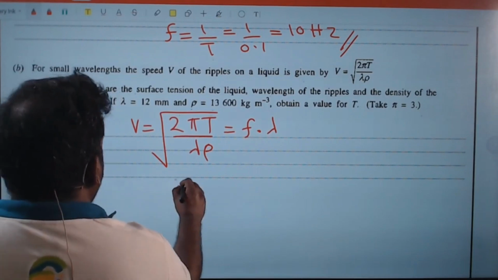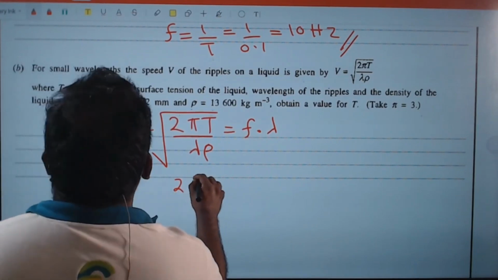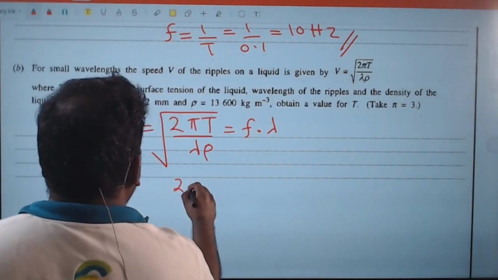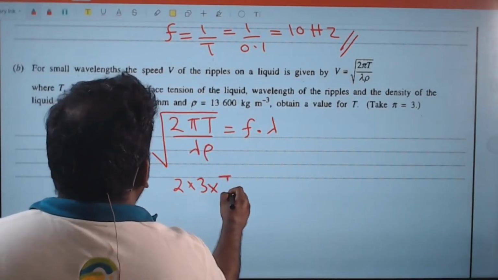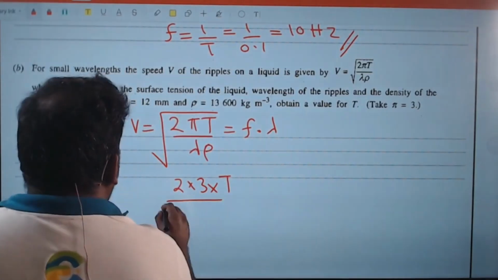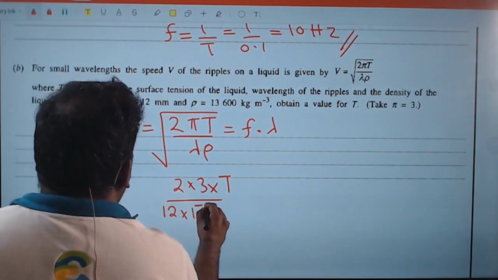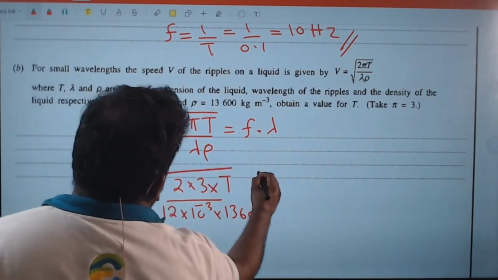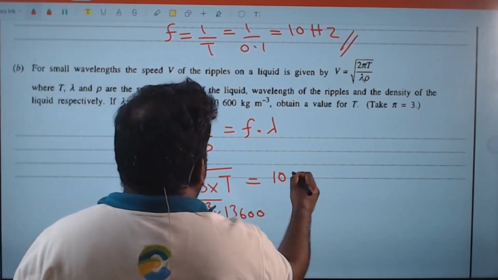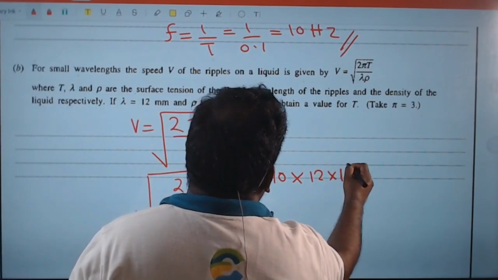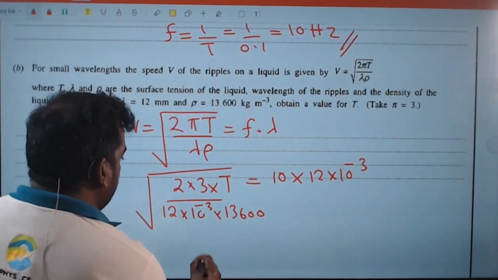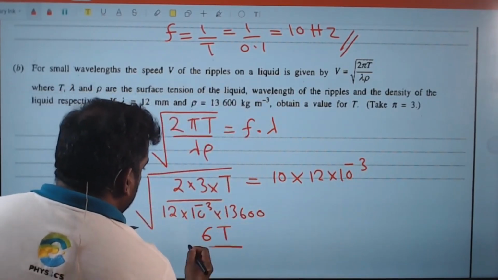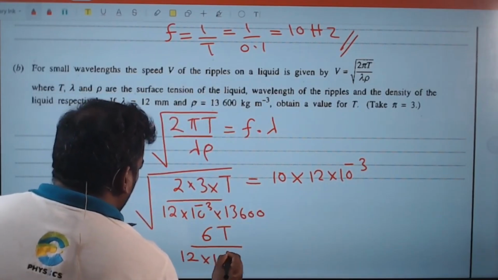Here, lambda is 12 millimeter, converted to meter, rho is 13,600, and frequency is 10 hertz. Square both sides.